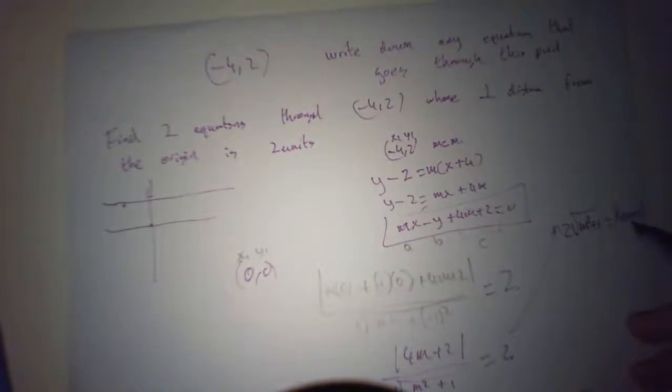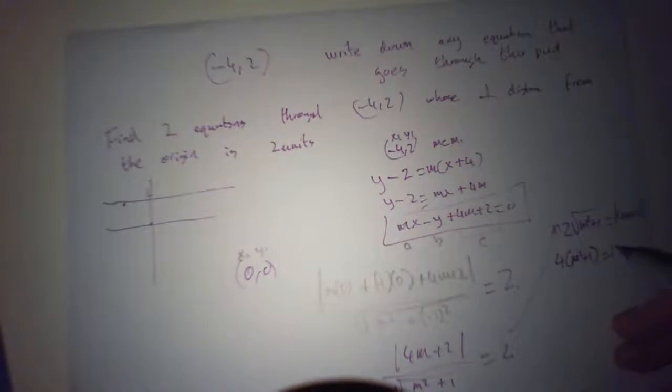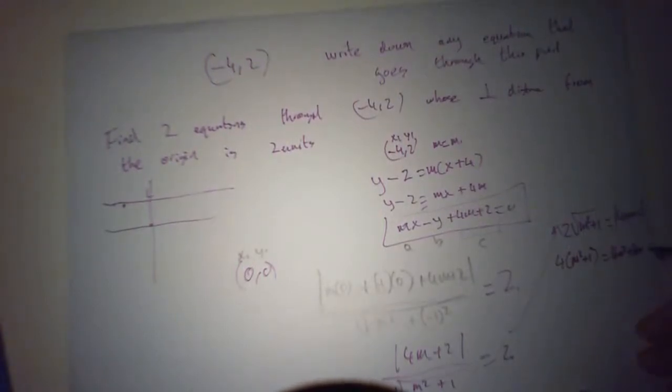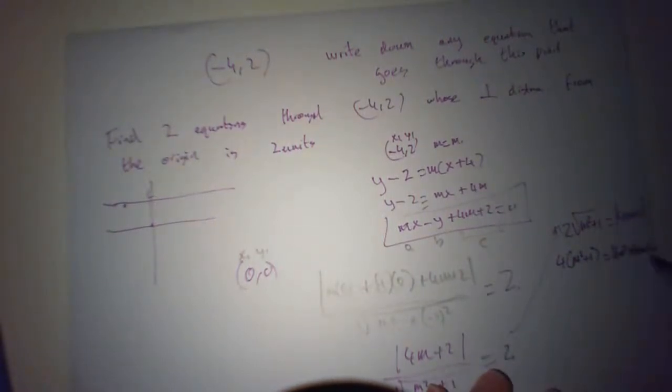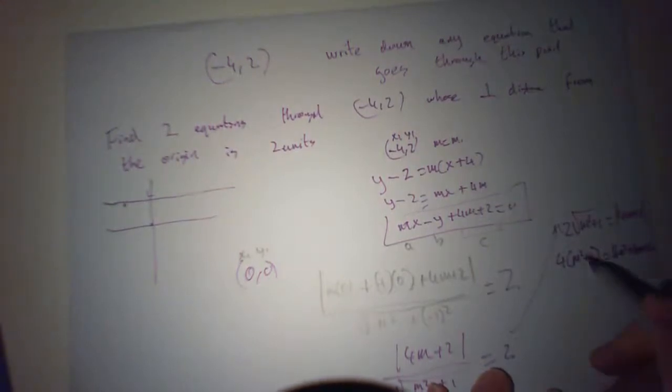Squaring this side is easy enough: 4 times m squared plus 1. And this side is going to be square the left, square the right, multiply them together, and then plus 4, isn't it? Now, tidy this up and we'll solve. I see m squared, so that's 4m squared and a 16m squared, and then I've got a 16m, and then the 4s will cancel.